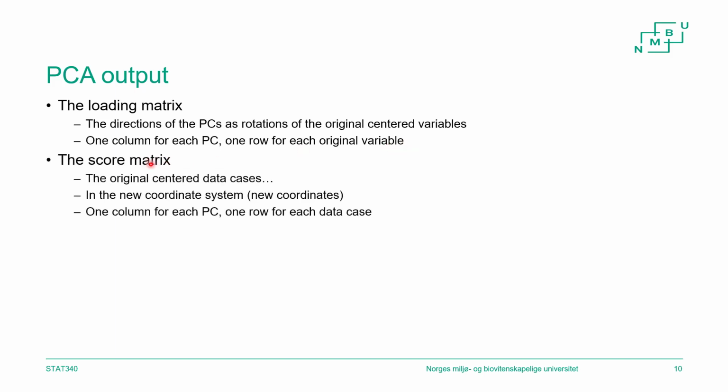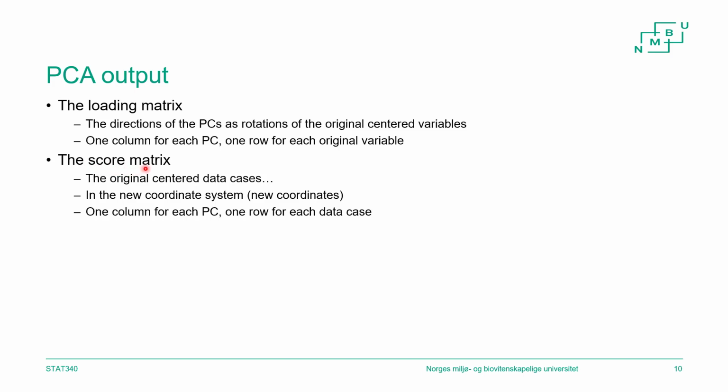The other one, and this is perhaps more often focused on, is the score matrix. And this is the original centered data cases in the new coordinate system. So this is the new data matrix, you could say.